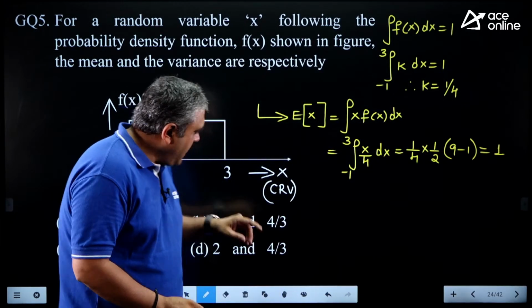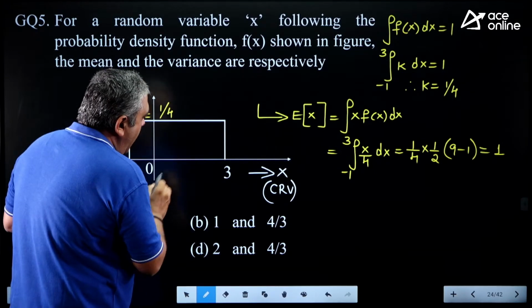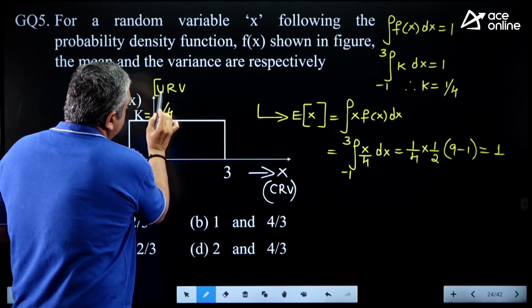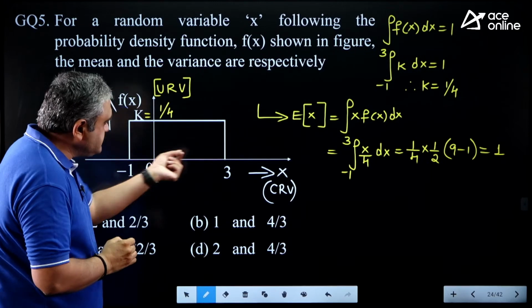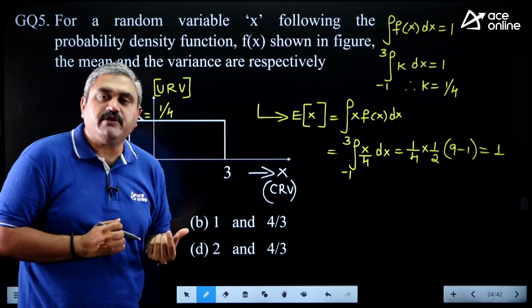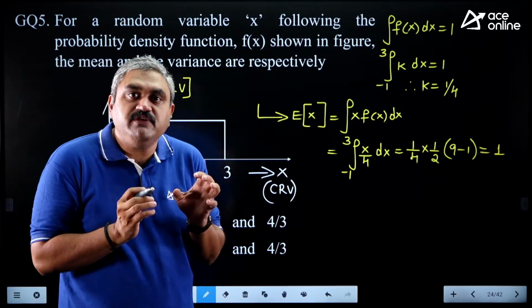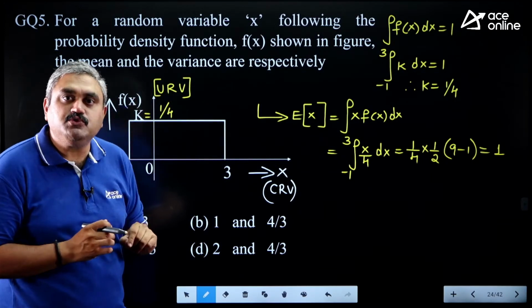Whenever you have a random variable of this sort, we call this random variable a uniform random variable, because the probability of occurrence of all the events of x between -1 to 3 are equal. So for such uniform random variables, the mean value will be the midpoint. What is the midpoint between -1 to 3?